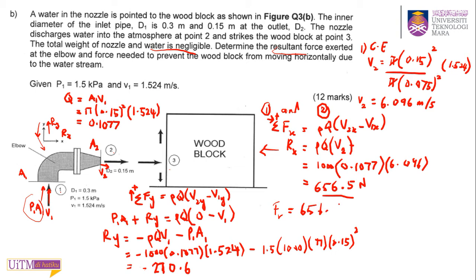Okay, so the resultant force should be 656.5 squared plus 270.6 squared. Berapa nilai resultant force?